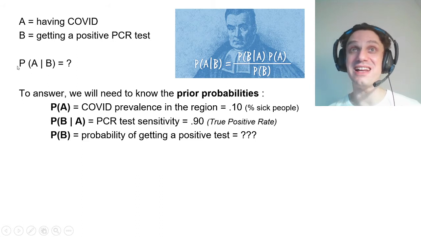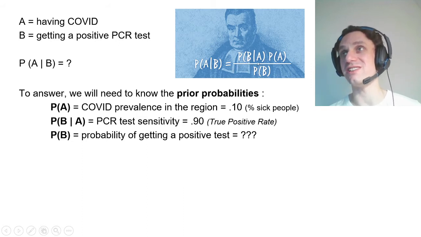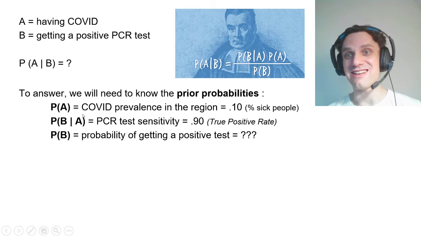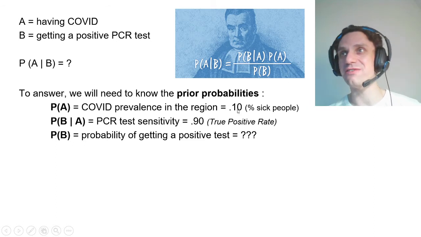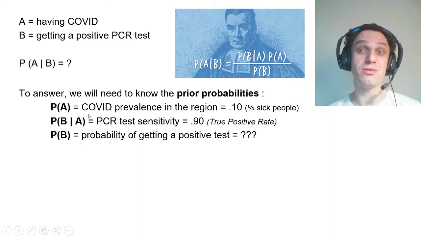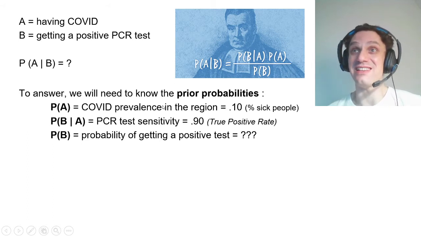Now, in order to evaluate this probability, we'll need to know the prior probabilities, the other parts of this equation: B conditional on A, the full probability of A, and the full probability of B. Now, the probability of A, the probability of you having COVID, is maybe easy to estimate because we know approximately what percentage of people have COVID at this point in time in this region.